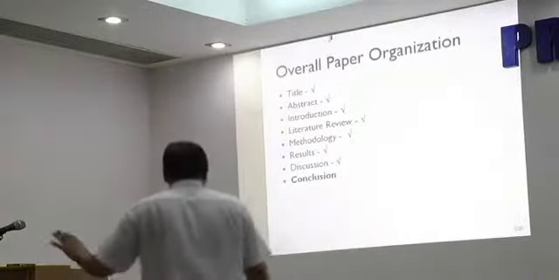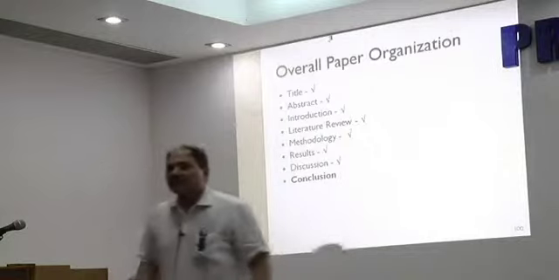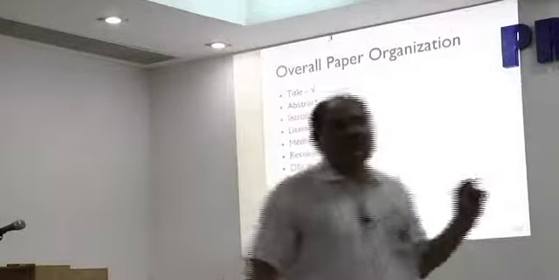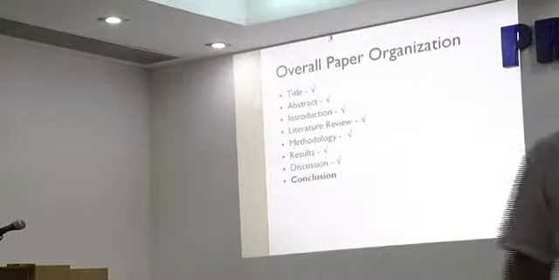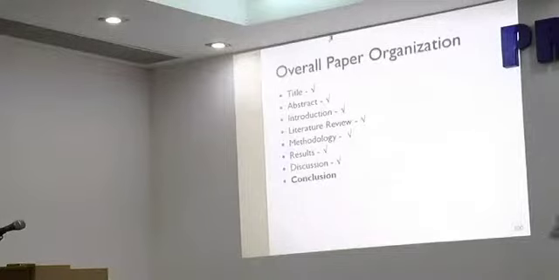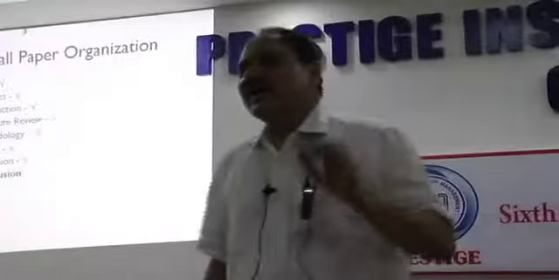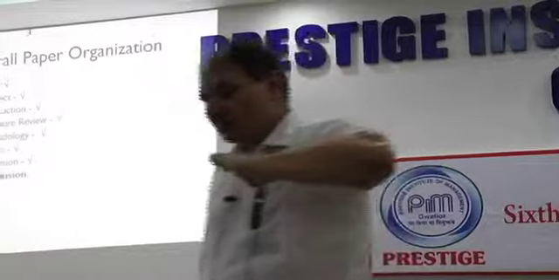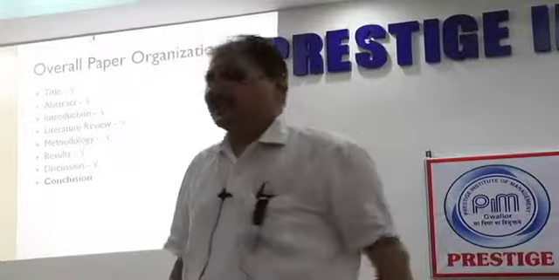Okay? And conclusion, this is the lens of your PhD, and as important as any other part, in fact more. It should be sequenced in the same sequence of objectives.